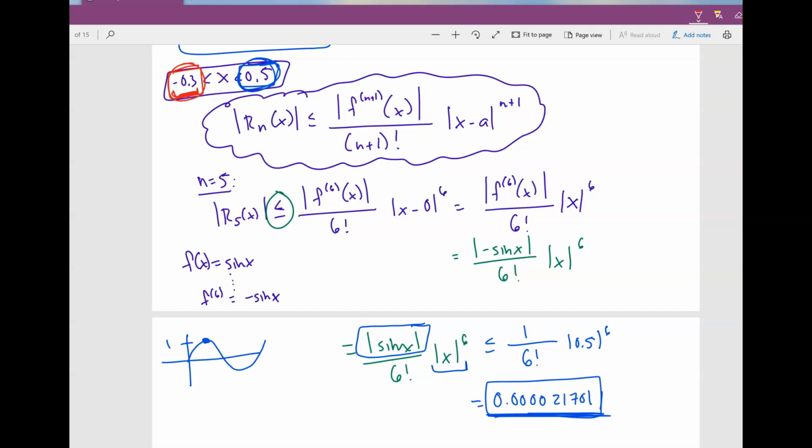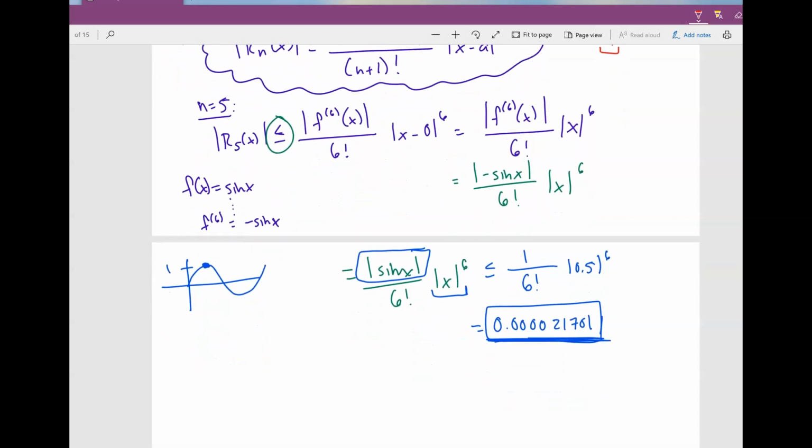Well, if the derivative was like 1 over x to the 2/3, which one will maximize it? Will it be the 0.5 or the negative 0.3? In that case it's going to be the negative 0.3, so we will plug in negative 0.3 in here, because remember that the smaller the value in the denominator, the bigger the whole fraction is going to get. That's just something to really keep in mind.